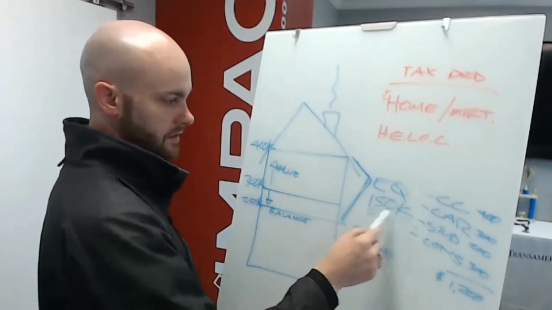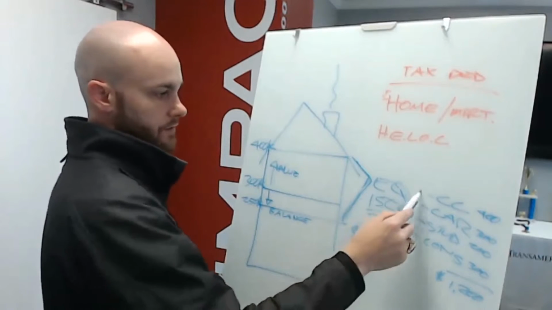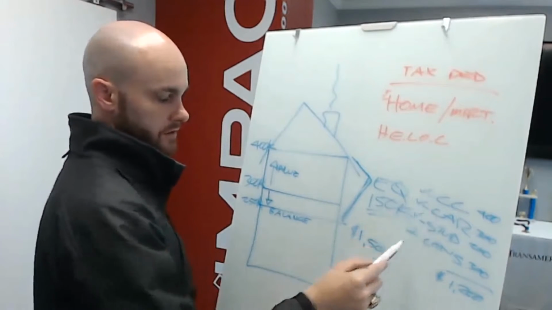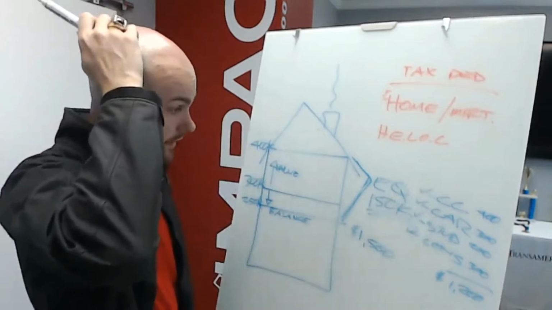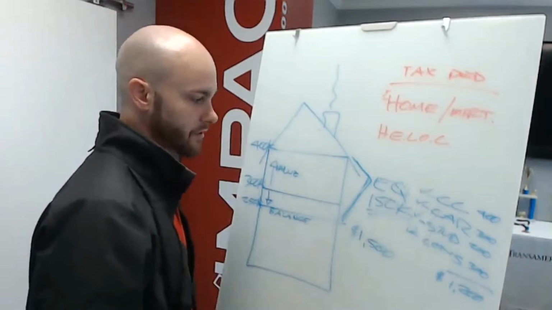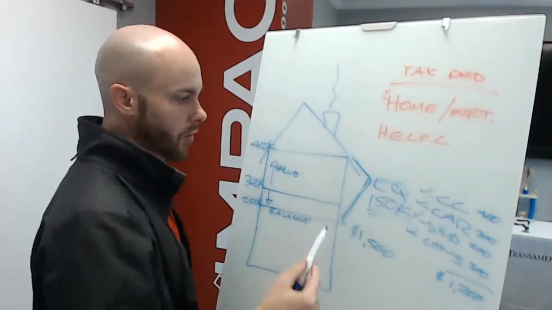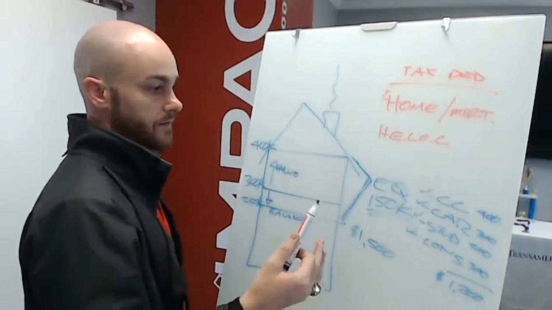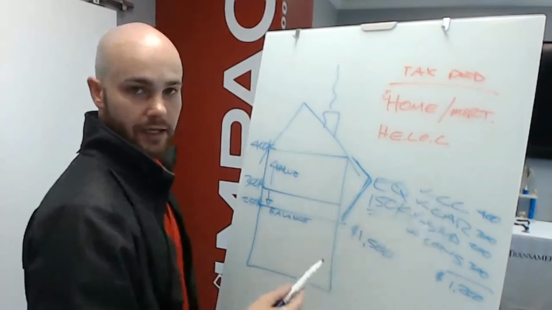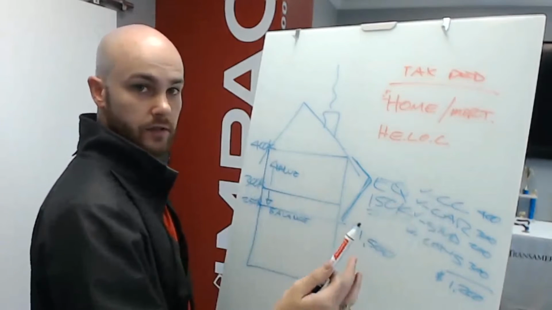Okay, if I was to take this $150,000 and I was able to pay off some of these things, let's say all of that debt adds up to $70,000 or $80,000. How mortgage payments are calculated is different than how these are calculated, and it's a longer term loan.